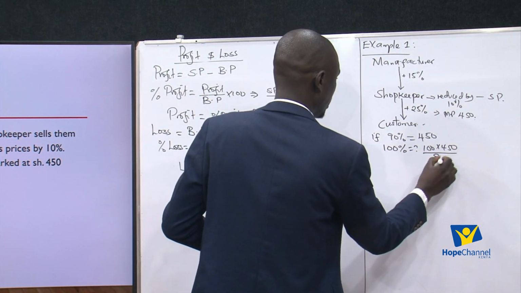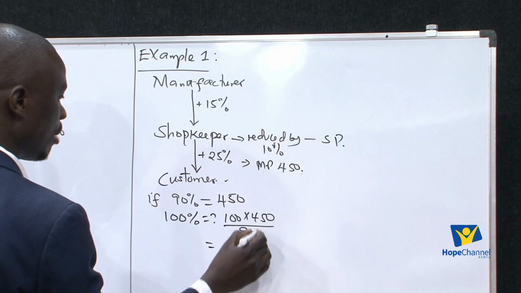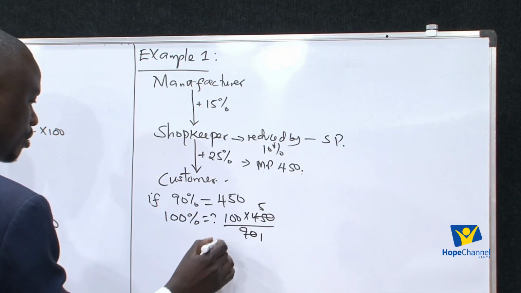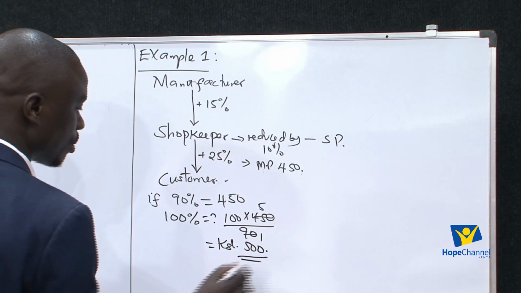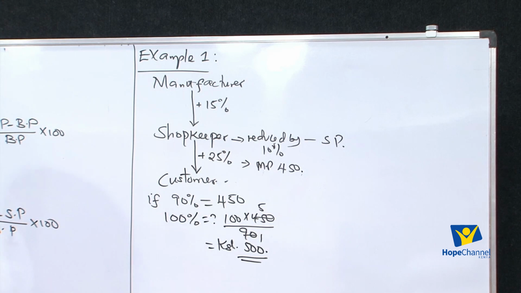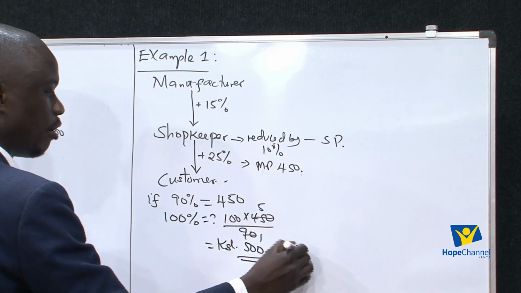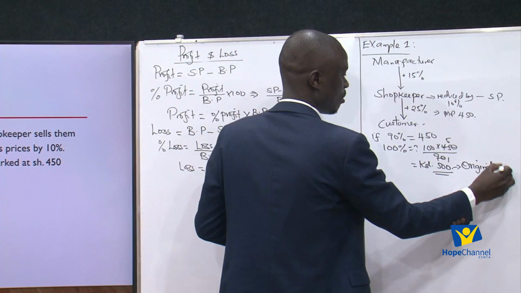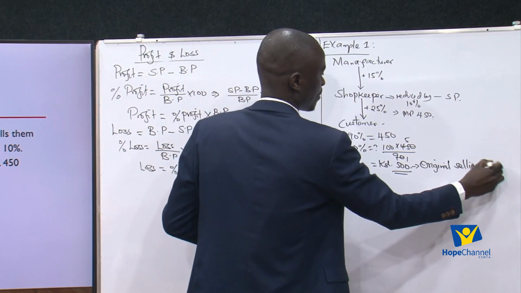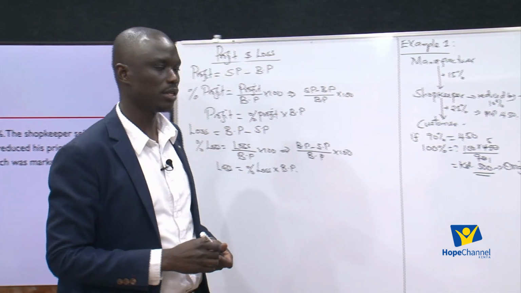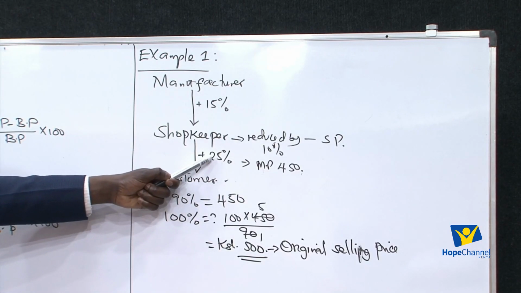We can work that out. 90 goes into 450 five times, so that gives us Kenya shillings 500. So this was the original selling price.